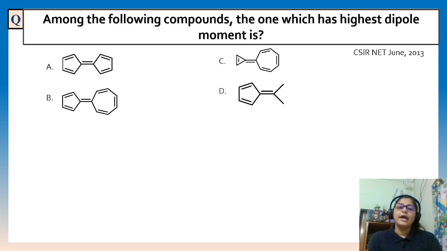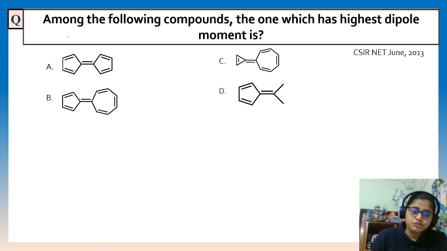Okay, now among the following compounds, the one which has the highest dipole moment is... dipole moment. We have previously seen dipole moment for the quasi-aromatic compound, but in that case there was actually an oxygen atom. What will we do now?